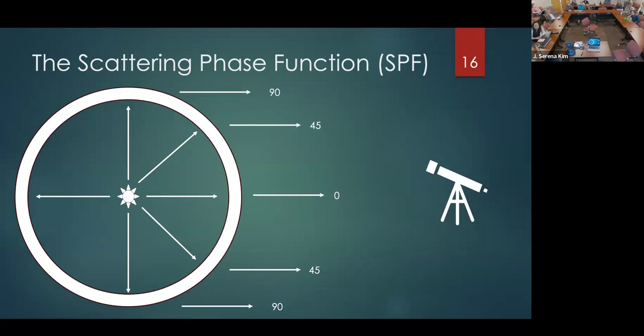Your photon goes here and has to deflect 45 degrees from incidence to get to you. And then similarly right here, has to deflect 90 degrees from incidence to get to you. And depending on the inclination of your system, you can also start to probe some of these backscattering angles as well. Hopefully that helps explain the scattering phase function a little better.